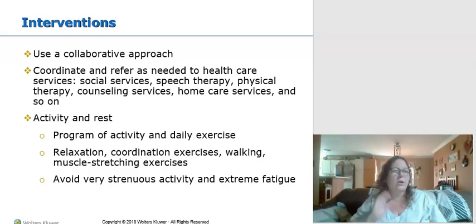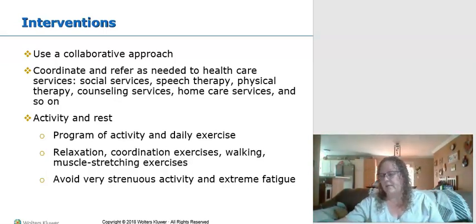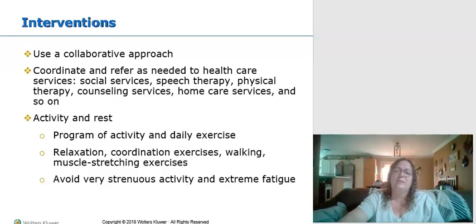These are usually prescribed through physical therapy in the inpatient setting. They may see a physical therapist in the outpatient setting. In the inpatient setting, we need to be reinforcing this education and assisting the patient in providing their own care whenever possible. And while we want to have a program of daily exercise, we do want to avoid very strenuous activity and extreme fatigue. Extreme fatigue can exacerbate your symptoms, so be aware of that.